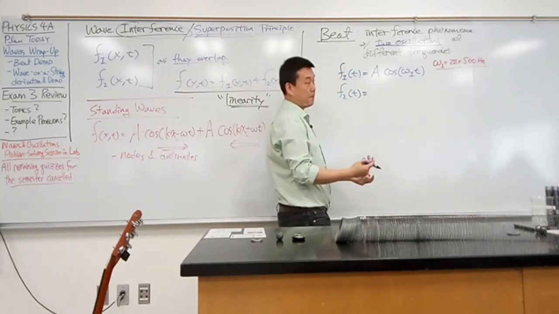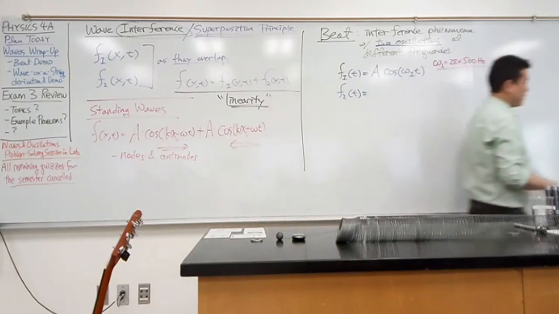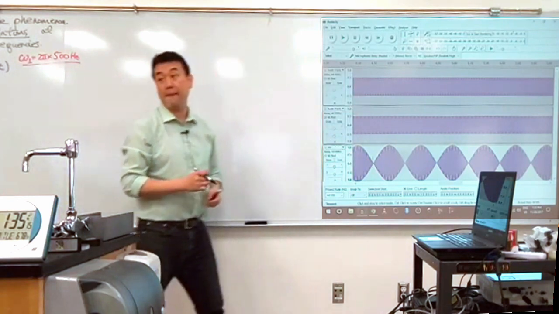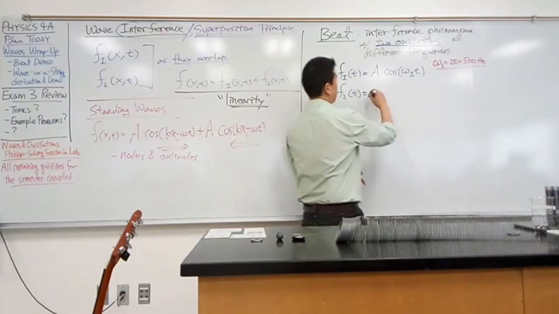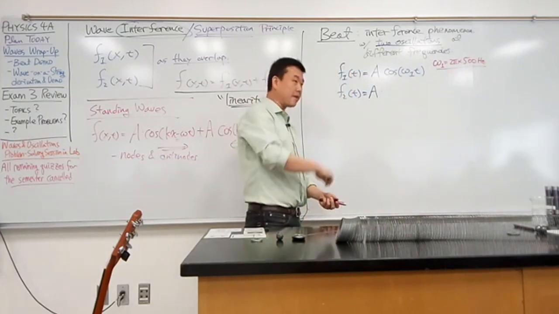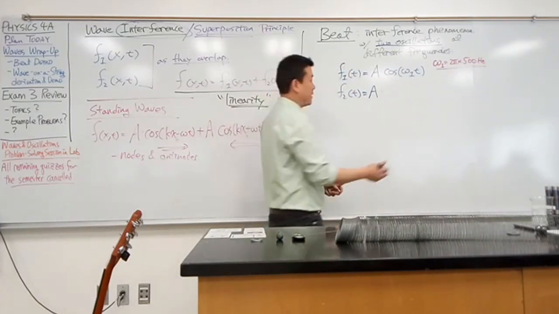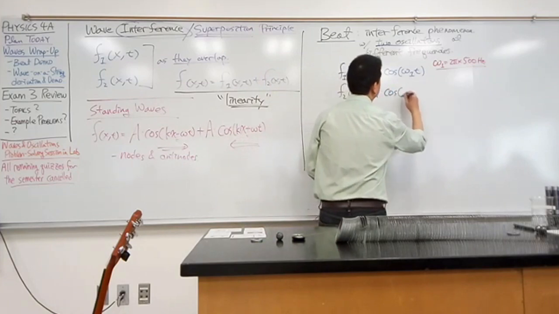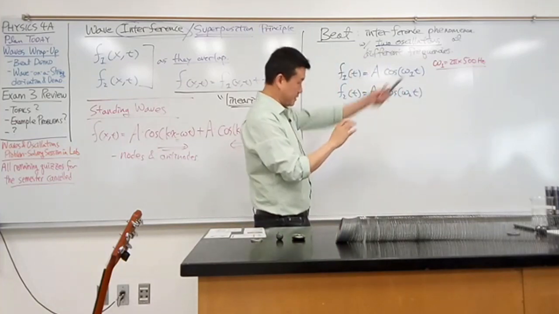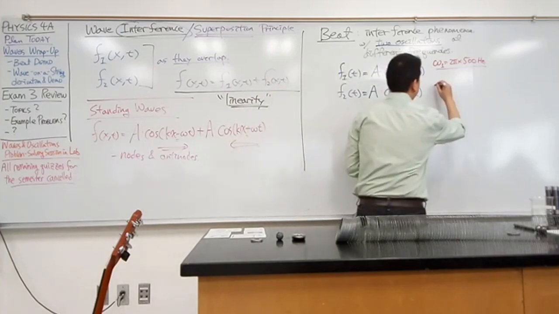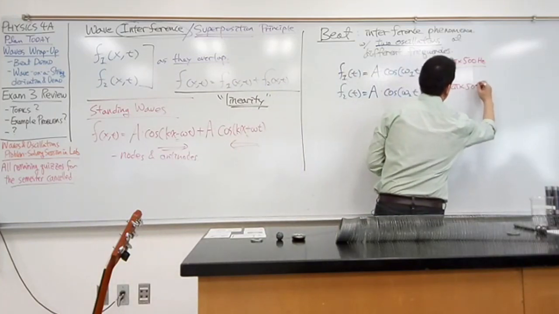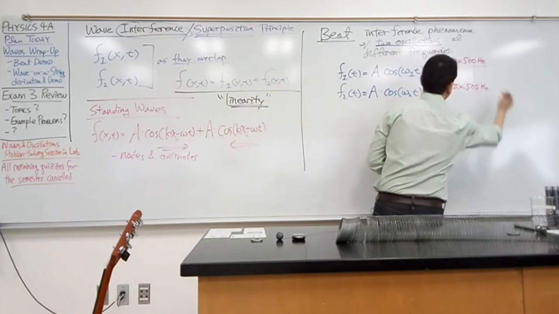Okay, oscillation 2 would be the exact same functional form. In fact, for the perfect wobbling cancellation you see here, you want them to have the exact same amplitude. So same amplitude times, I guess it could be sine, but I'm going to make it cosine to make it easier for myself, cosine of omega 2 t. And in the example you're looking at, omega 2 would be 2 pi times 505 hertz.